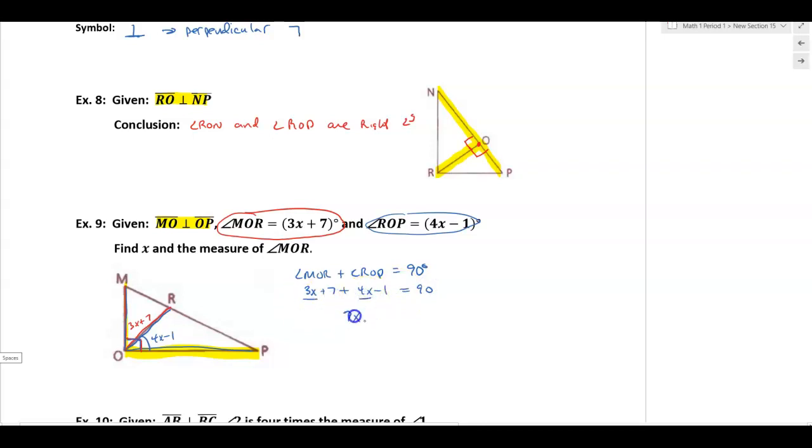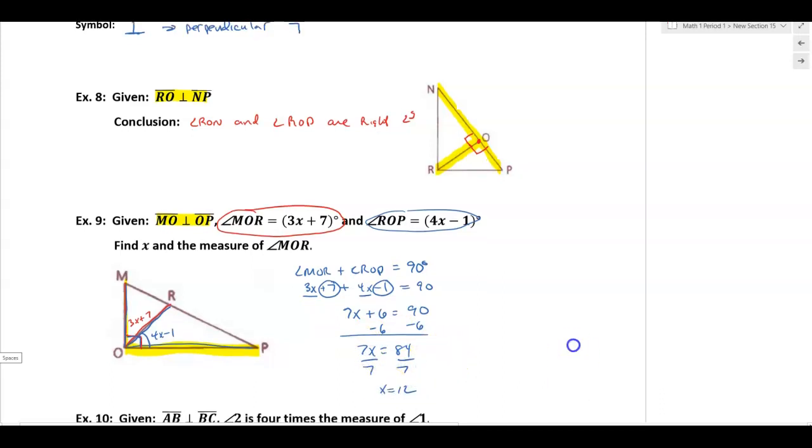3x plus 4x is 7x. Combine like terms here: 7 minus 1 is plus 6, equals 90. I'm going to go ahead and subtract 6. 7x equals 84. And when I divide by 7, x is equal to 12.